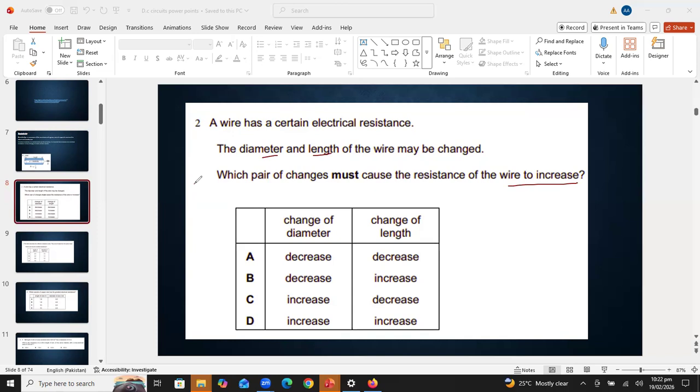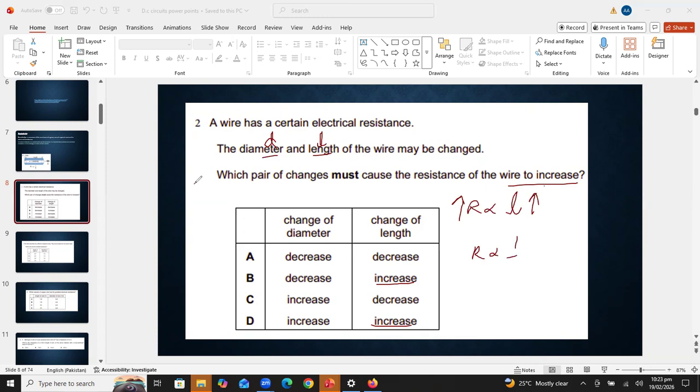Hafsa, Ayan, let me check. We have to increase the resistance of the wire. As they have mentioned length and diameter here, and I told you that resistance and length are directly proportional, if I want to increase the resistance, the length should be increased. So the answer can be B or D. But what about diameter?